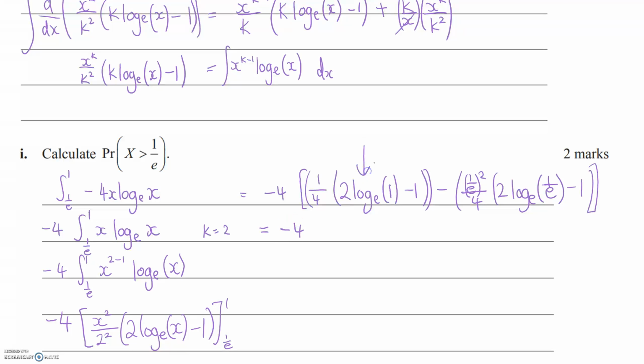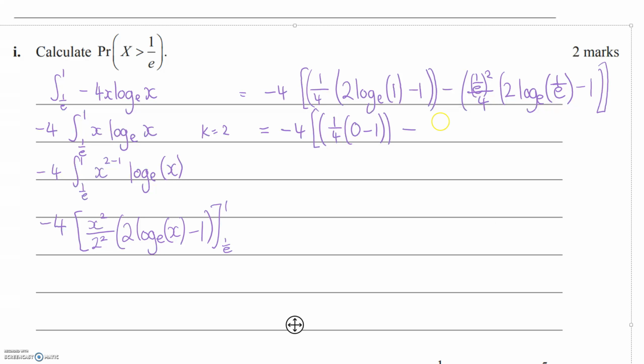Now this, log e to the 1, is just 0. So the first thing that I've got here is a quarter times by 0, take away 1 on e squared on 4, which is just going to be 1 on 4e squared. And then I've got 2 lots of log e 1 on e.